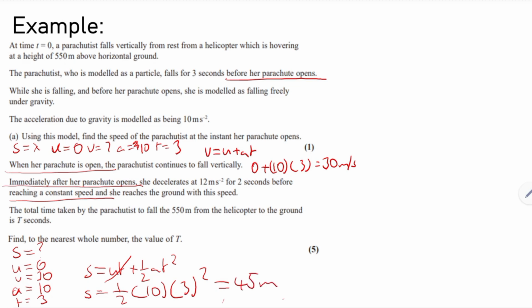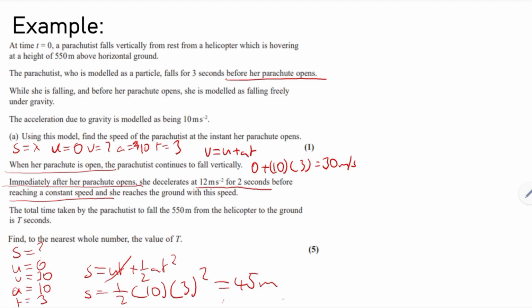So now we are going to be going over the next part, which is when her parachute opens. Immediately after her parachute opens, she decelerates at 12 meters per second squared for 2 seconds. So now, as she's decelerating, the final velocity is going to be different.